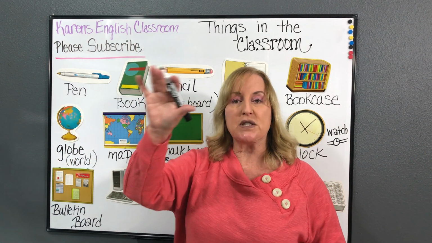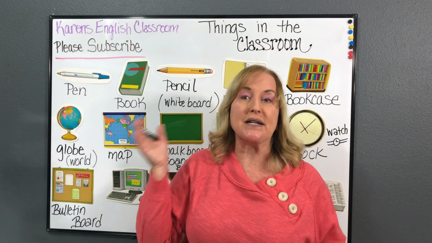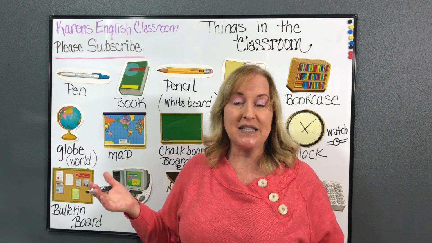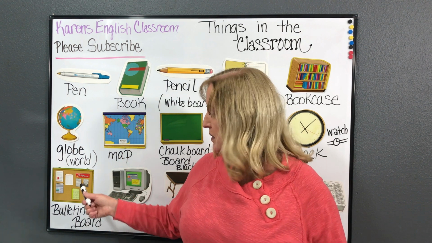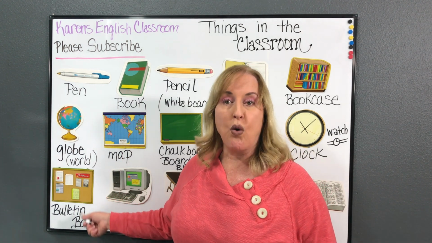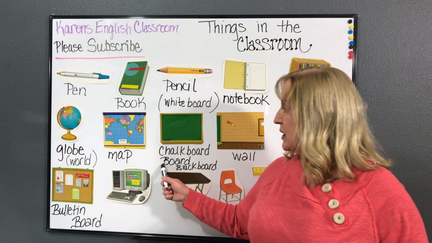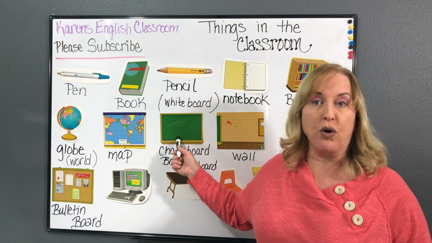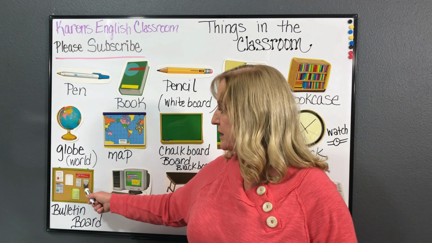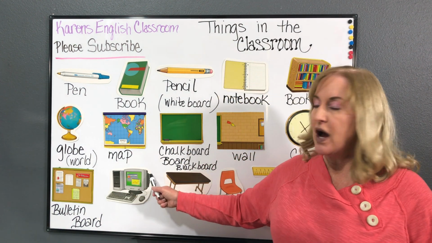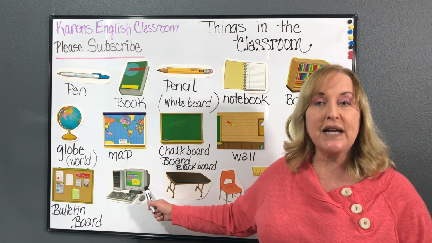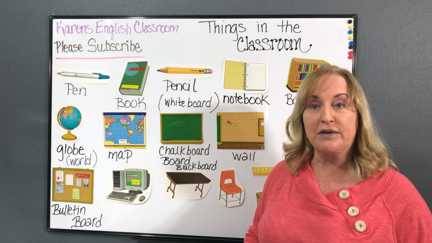You can put the students' work on it. You could put activities, upcoming things that are happening in the classroom. And yes, the word board is the same as this one. Board.